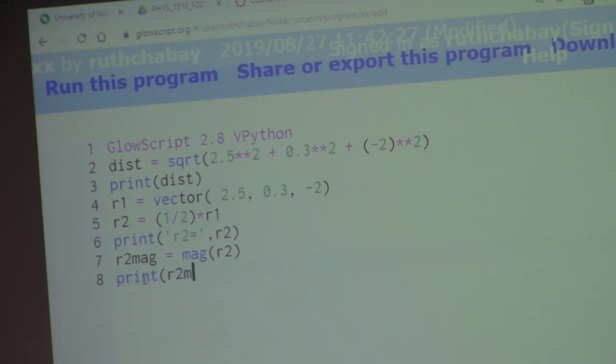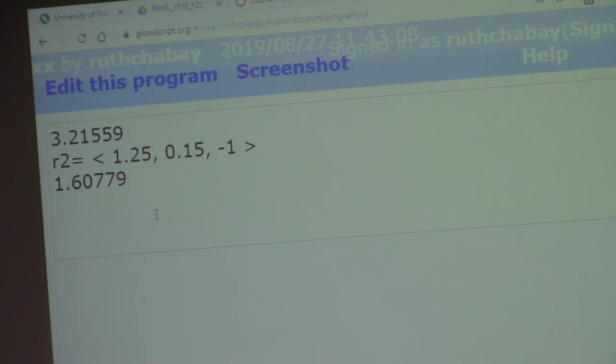We'll print it and find out that it's 1.6077, which is indeed half of that. So multiplying the vector by the scalar 1/2 did indeed give us a vector that's half as long.